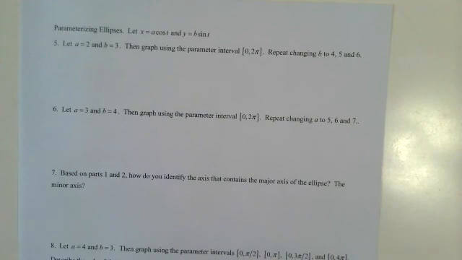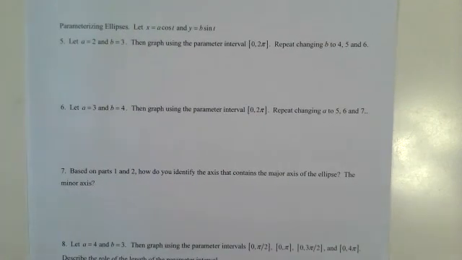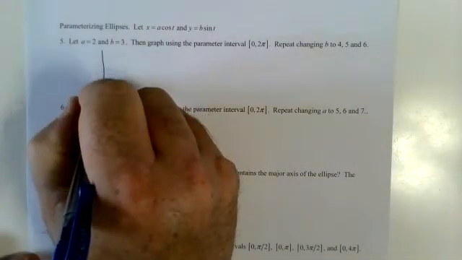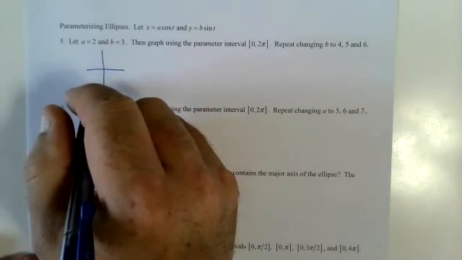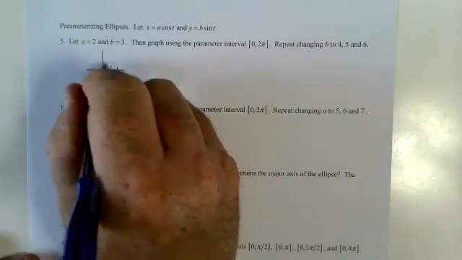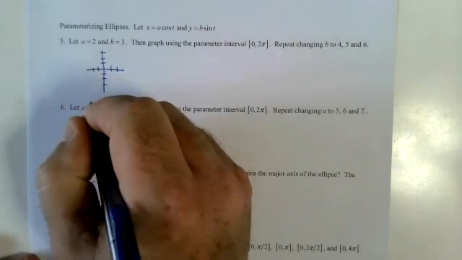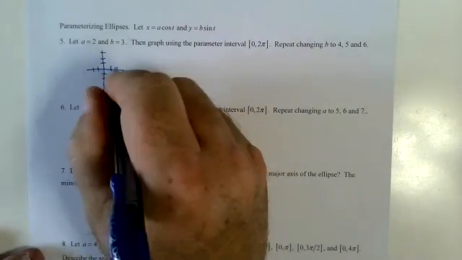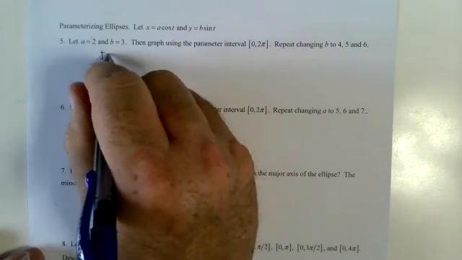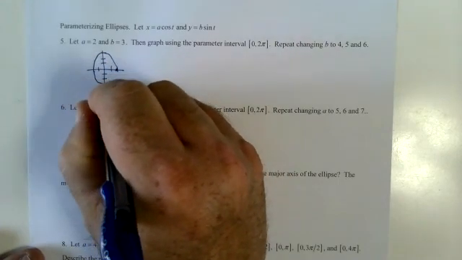All right, now we got an ellipse. X equals a cosine of t, y equals b sine of t, a equals 2, yada, yada, yada. Starts here, up it goes, around it comes.